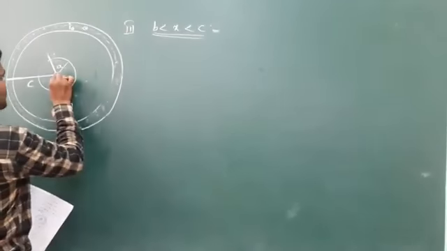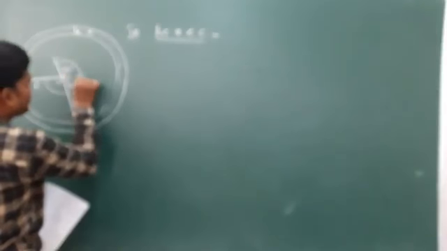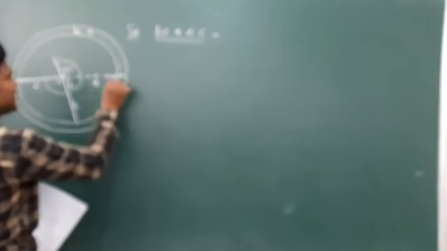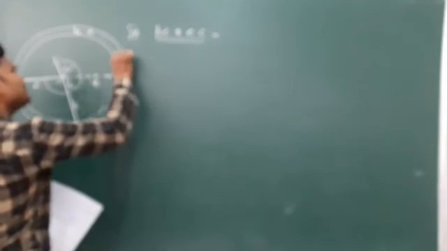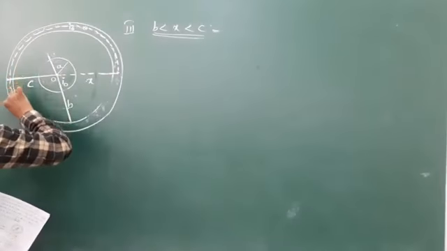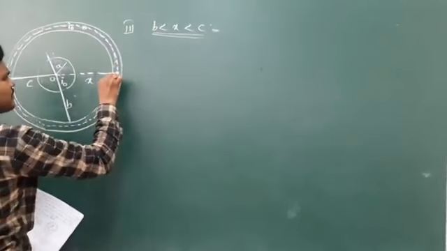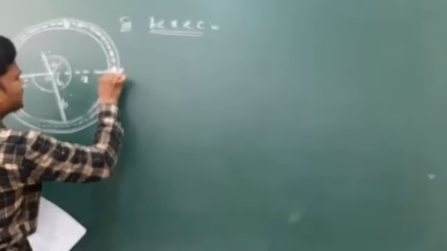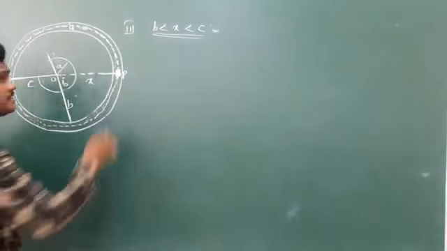This is I naught. Let me take x here, anywhere. So draw an Amperian loop by taking x as the radius. Let us take this as the point P. At this point we need to find the field.